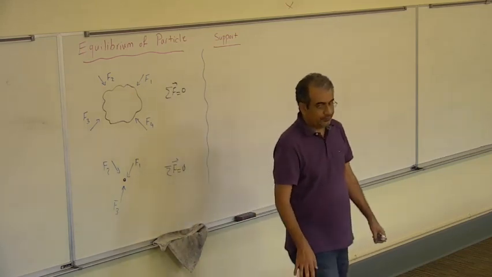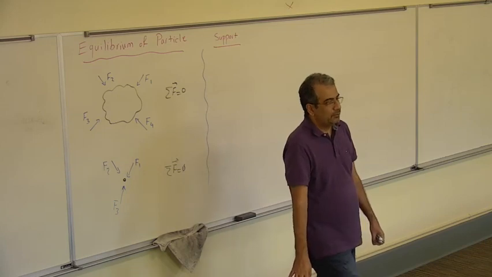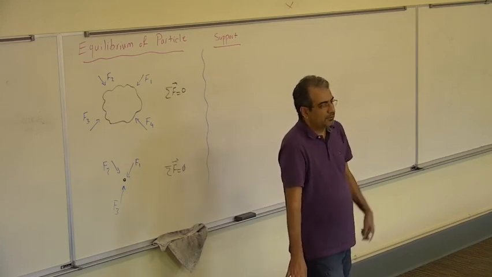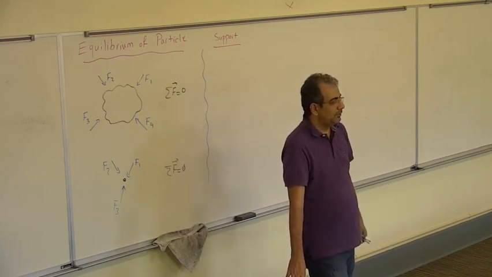For this table here, what's the support for this table? Why doesn't this table fall? Why doesn't this table move?